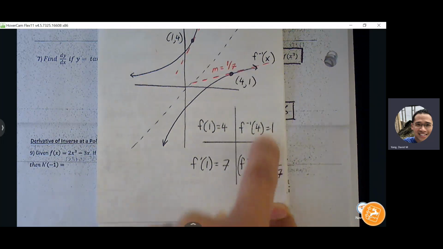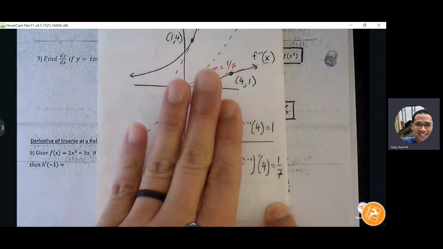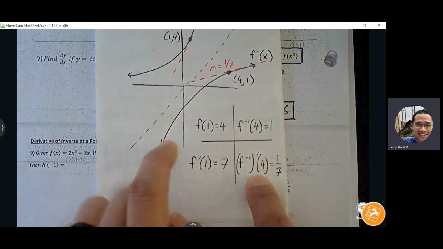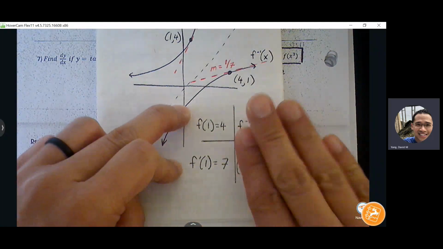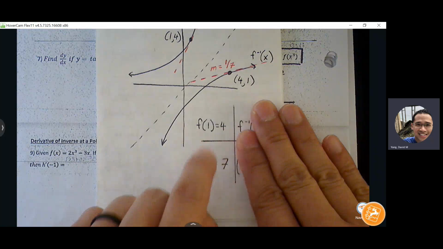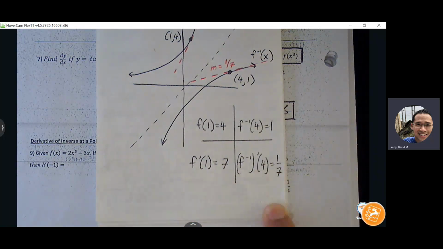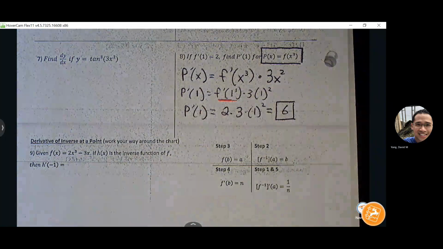Okay. So we're moving our way around the chart. Basically, the problem is asking you for something on the inverse side of things, but you are given information on the function side of things. So you use this information to get to that numeric value, and then you just flip it to get your answer.